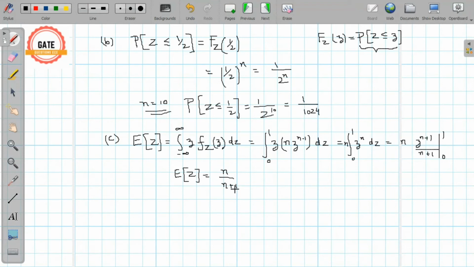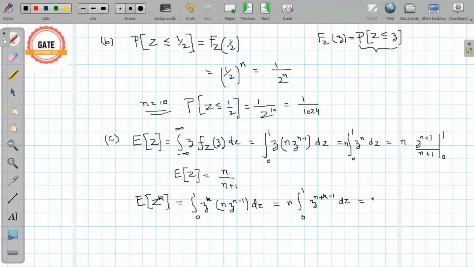Similarly, just for the sake of practice, I am going to give you this expectation, say z raised to power some constant k. So let's calculate this. This will be equal to the integration from 0 to 1 of z raised to power k times the PDF, which is n z raised to power n minus 1, dz. So this will give us n times the integration from 0 to 1 of z raised to power n plus k minus 1 dz.